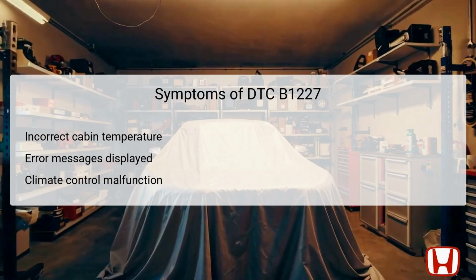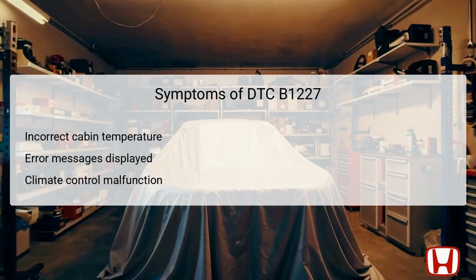The symptoms associated with DTC B1227 can significantly affect the vehicle's climate control function. A primary symptom is incorrect cabin temperature, where the heating or cooling system may not respond appropriately to user settings, leading to discomfort.